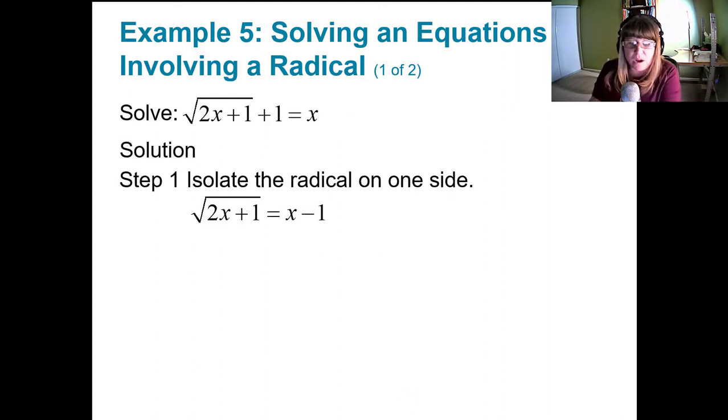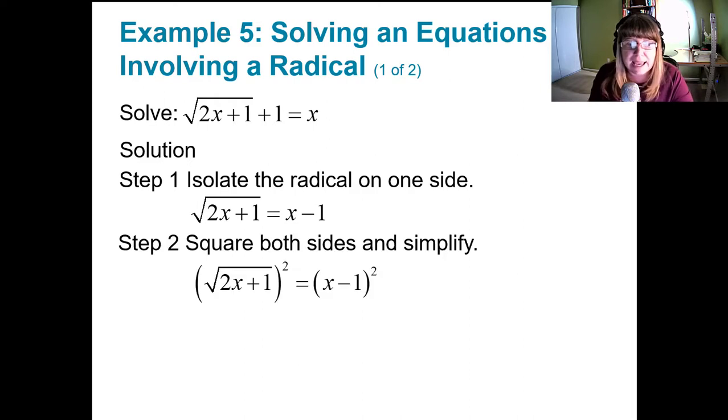We've moved that 1 over to the right-hand side, and now we're going to square both sides of the equation. The purpose of squaring is to get rid of this radical. What I do to one side of the equation, I must do to the other side. Now we have 2x plus 1 on the left-hand side and x squared minus 2x plus 1 on the right-hand side.